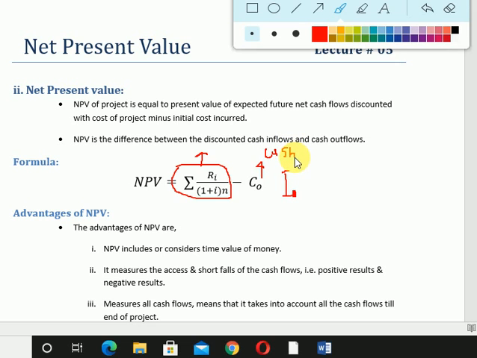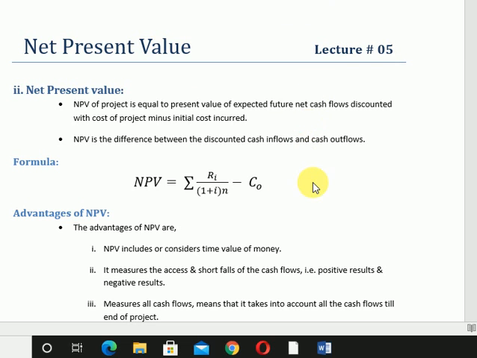So when we subtract this cash outflow from the discounted cash inflow, the difference is called net present value. Clear now?